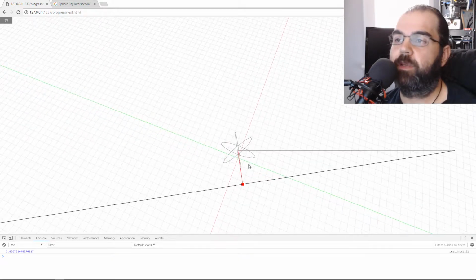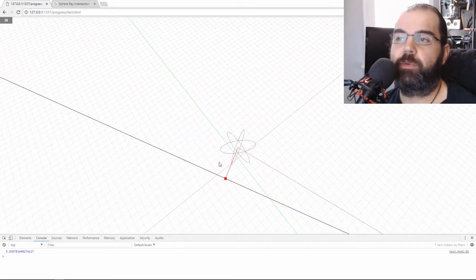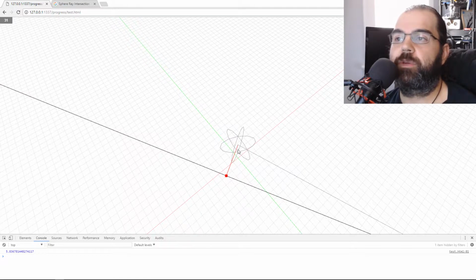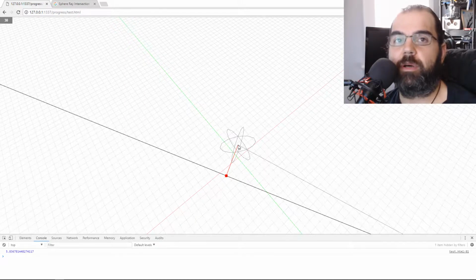Now, there are two ways to determine this length. One way, which we've been doing in previous videos, is we create the vector length of this line. So we take this point minus that point, and then we do a dot product on it, onto itself. This gives us its length squared.